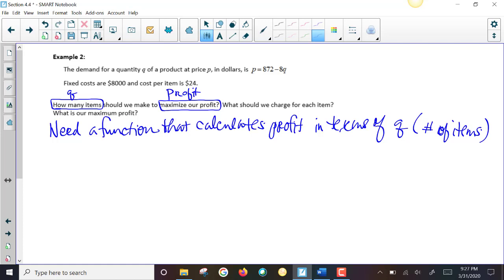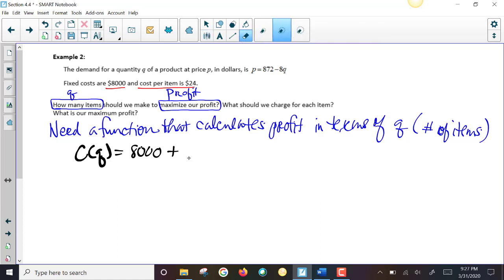We know that profit is revenue minus cost, so we need a cost function in terms of Q. If we have $8,000 fixed costs, then we've got our $8,000 fixed, and then it's $24 per item. So then that would be our variable cost. Okay, there's our cost function.